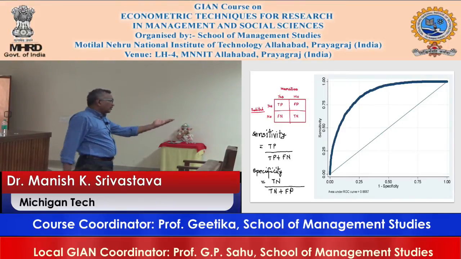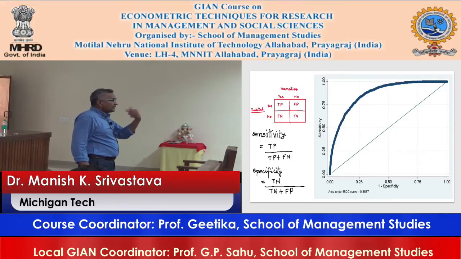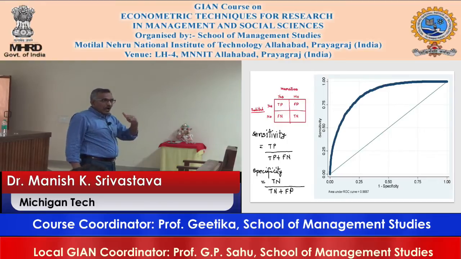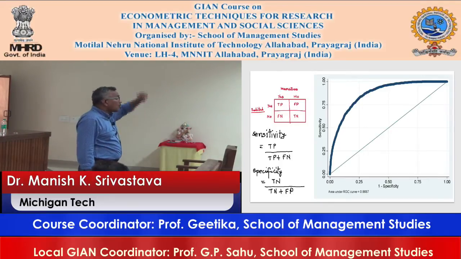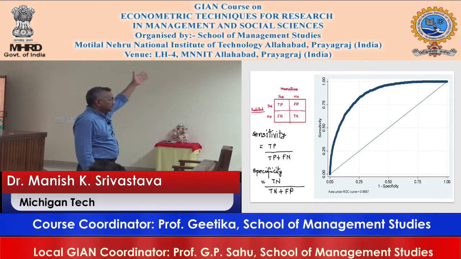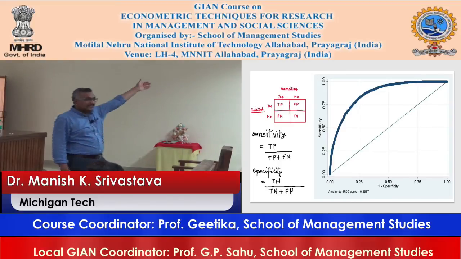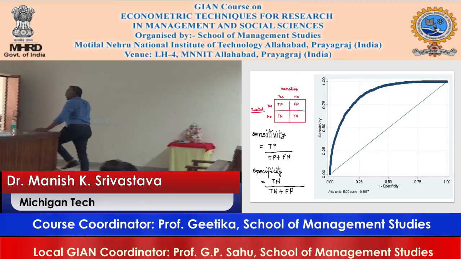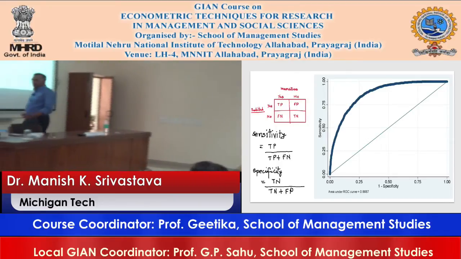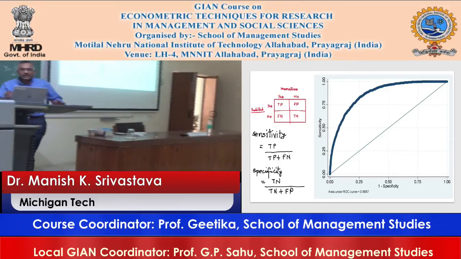As worst as I can get is 0.5. So now the difference is how much my model is improving, how much more I am going on top of 0.5, and I can go maximum to 1. This is where we look at the area under the ROC curve.